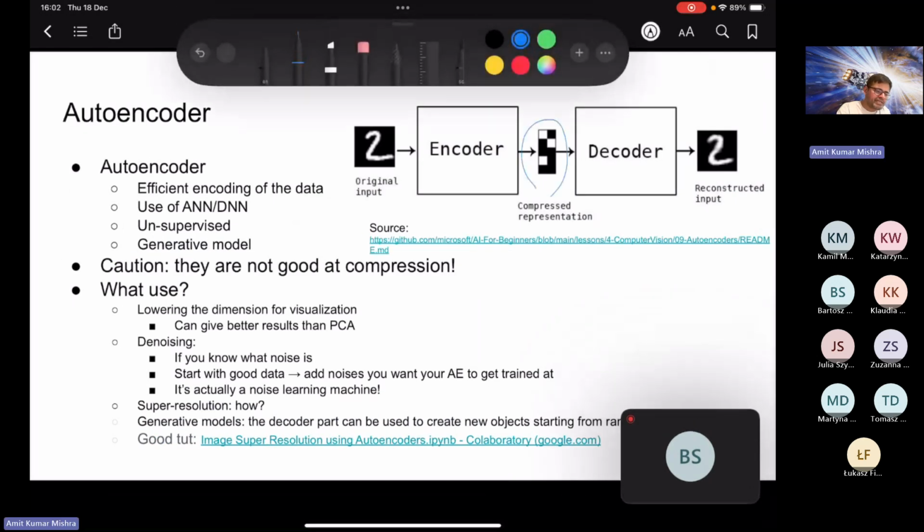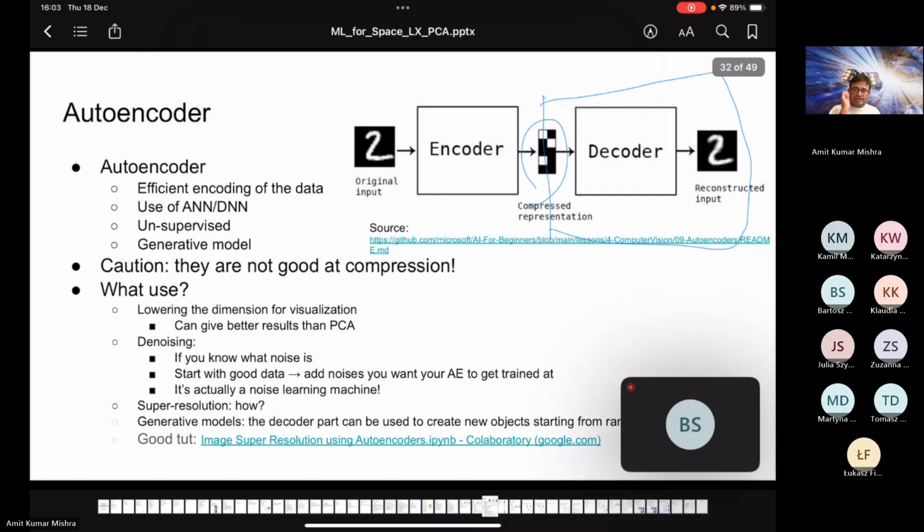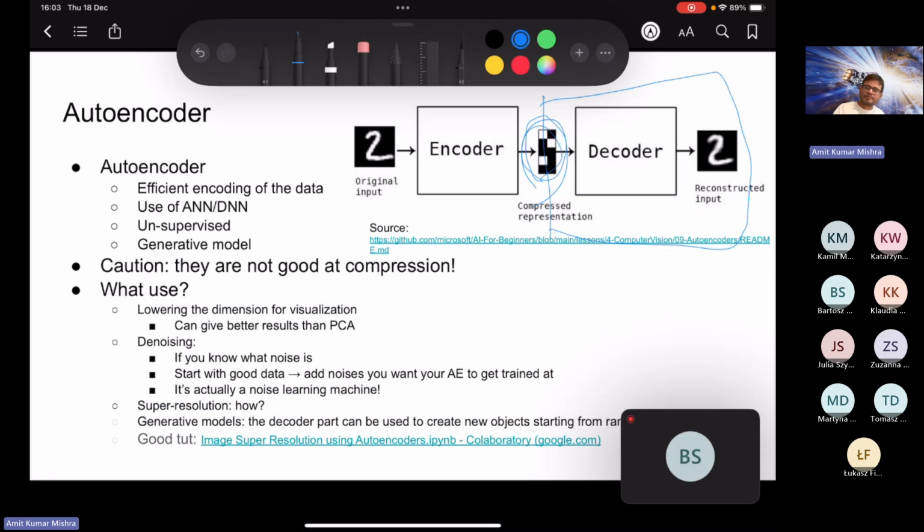In this compressed representation, once I have done this, I split this part. The decoder is separated, and I should be able to give any random number with some seed value, and that should create new data of the same kind. If that can be done, then that is generative. So one requirement is that the compressed data created by this autoencoder training has to be low dimension.